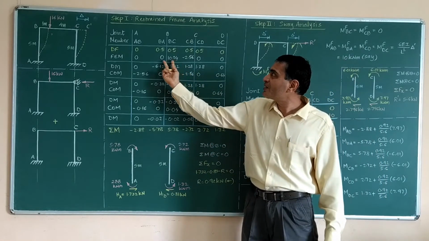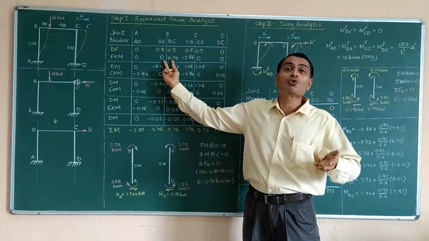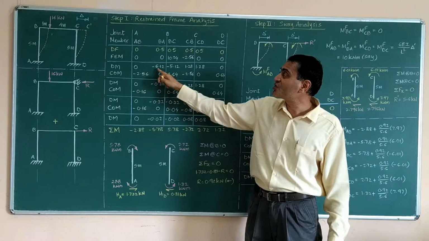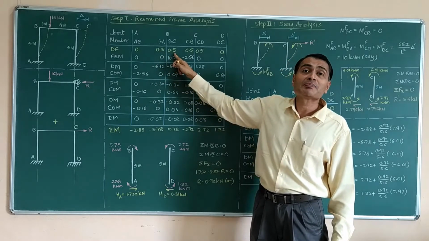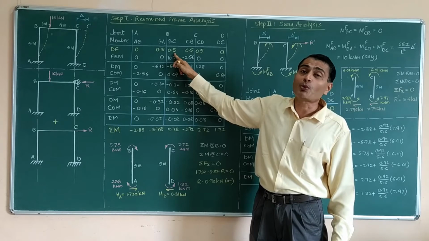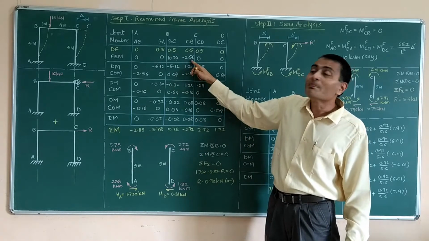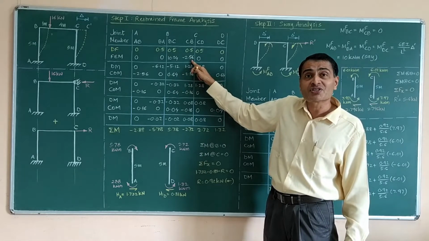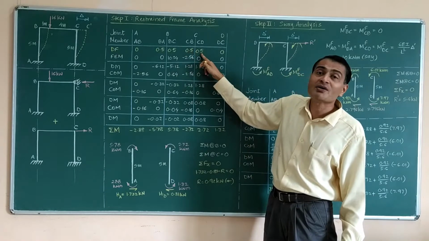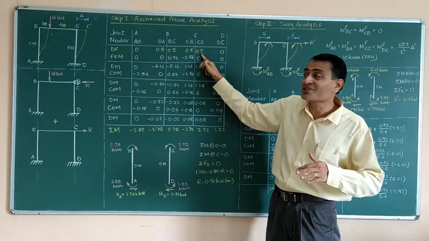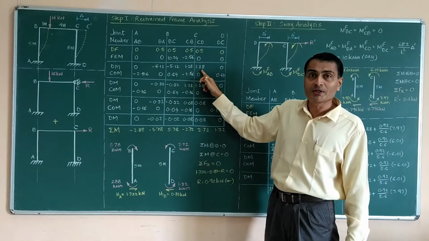Imbalance. There is imbalance of positive 10.24. So I apply negative 10.24. It gets distributed as 50% and 50% because my distribution factors are 0.5, 0.5. Similarly, imbalance of negative 2.56. So I apply 2.56, gets distributed as 0.5 into 2.56 each, 50%, that is 1.28, 1.28.